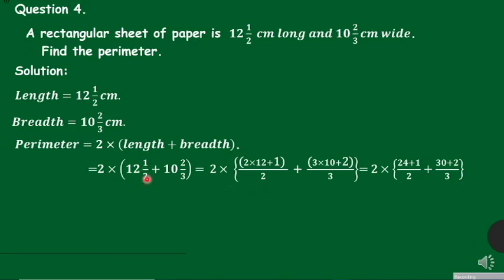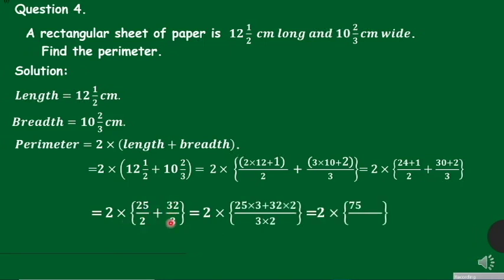First we multiply the denominator with the whole number, then the result we add with the numerator. So here 2 multiplied by 12 plus 1. Similarly, here we multiply the denominator with the whole number, so 3 into 10, and the result we get, we add with 2. So after doing the calculation, here we will get 2 multiplied by 25 upon 2 plus 32 upon 3.